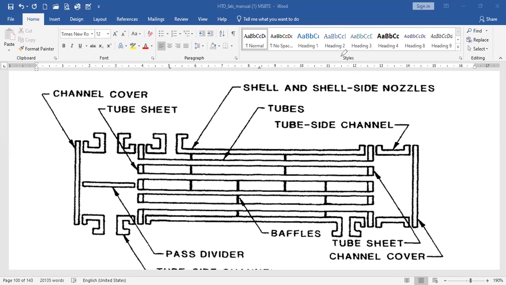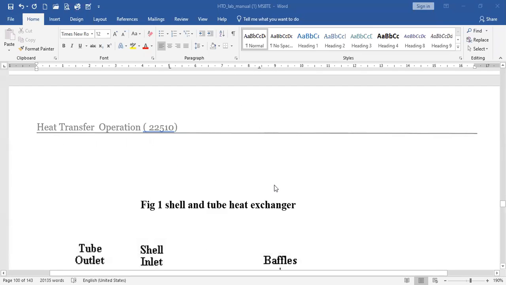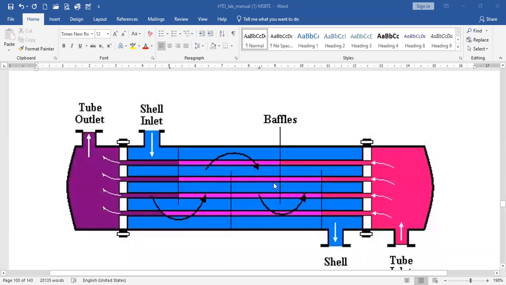So from the other diagram also you can understand how this shell and tube heat exchanger is working, right? So this is the shell inlet, these are the baffles. The baffles are arranged in such a way that the shell side fluid can pass in this direction, right?